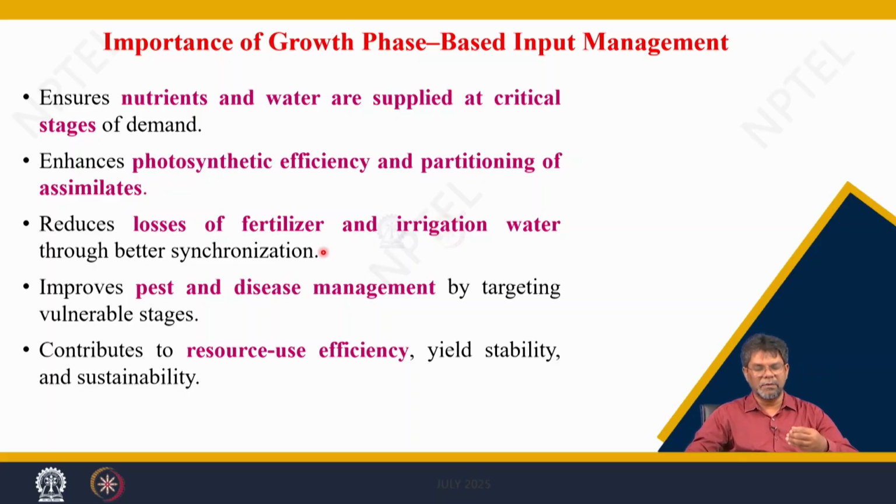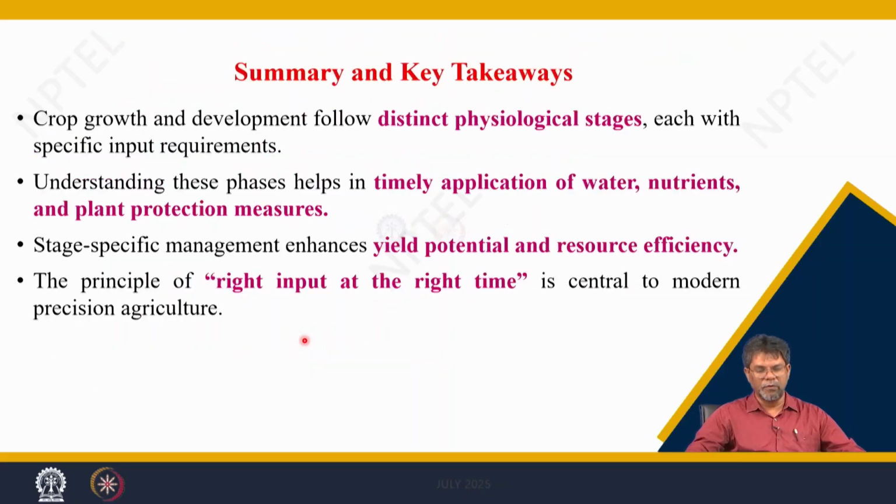If you apply nutrients and water at stages where the crop is not critical, the efficiency of input use will be less. So, better efficiency of application happens if I have proper understanding of the growth stages and critical stages. Pest and disease management are also better.